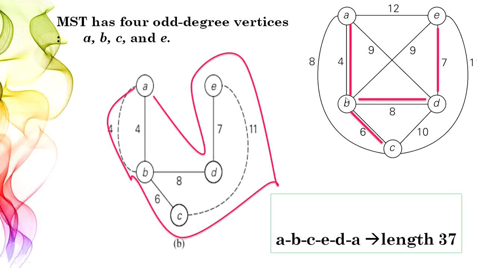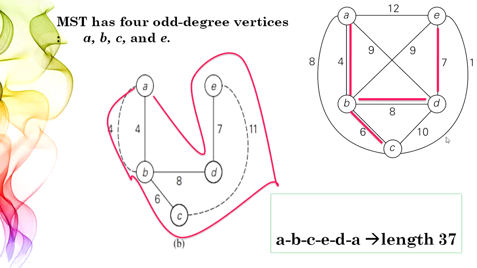For B, three edges are there, that is B to A, B to D and B to C. So 3 is also an odd number, so B comes under odd degree vertices. For C, only the B to C connection is there, only one connection, so C is also an odd degree vertex. For D, it will have two connections, that is B to D and D to E. So D is not an odd degree, it is an even degree vertex.